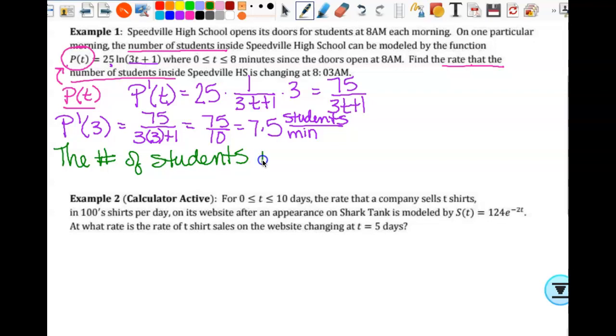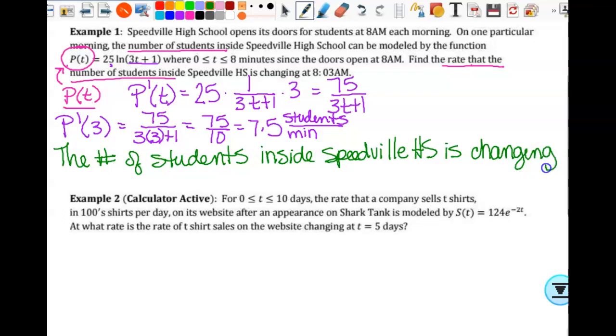The number of students inside Speedville High School is changing at a rate of 7.5 students per minute.